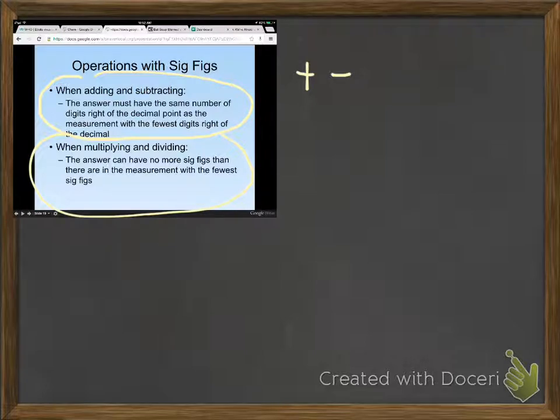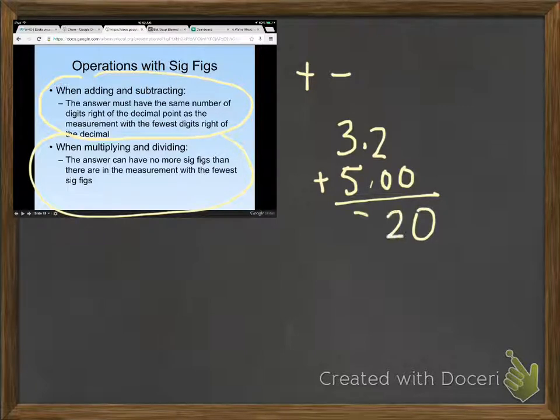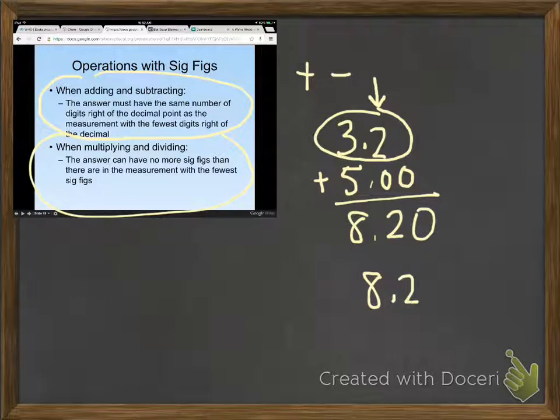So, if we add 3.2 and 5.00, we're looking at the number that has the fewest digits behind the decimal point. That will control how many sig figs our final answer can have. So while our raw answer is 8.20, this 3.2 limits us to 1 behind the decimal. So our sig figged answer would be 8.2.